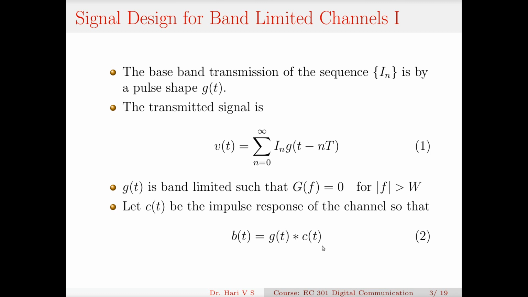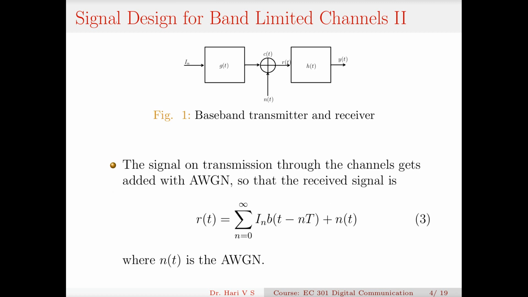You know how LTI systems commute and how you cascade LTI systems. Probably you learned this in your signals and systems course. So this g(t) together with the c(t) I call b(t), so that the output of this channel r(t) is equal to the sum over n from 0 to infinity of I_n b(t minus nT).